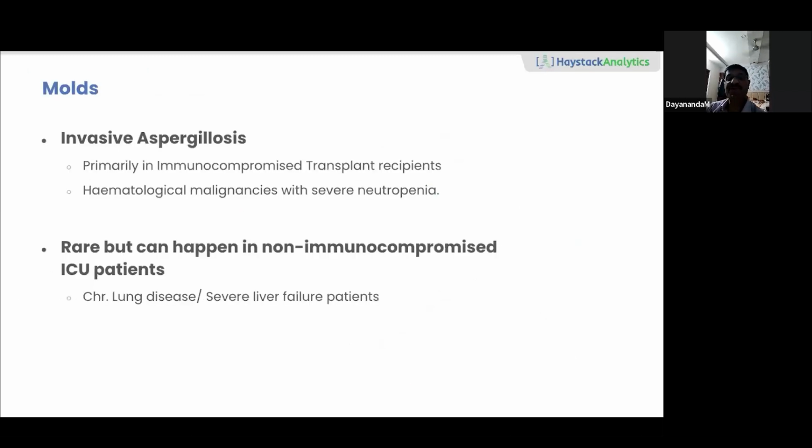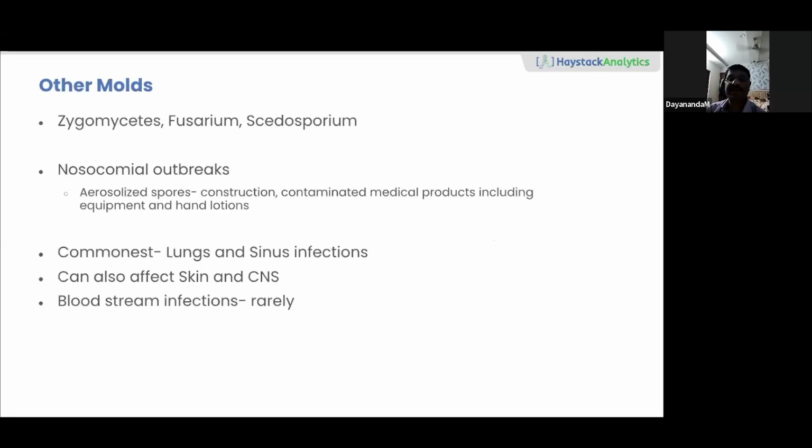Coming to the molds, invasive aspergillosis is one of the significant infections, primarily affecting immunocompromised transplant recipients, hematological malignancies, and severely neutropenic patients. Rarely it can happen in non-immunocompromised ICU patients as well, like patients with chronic lung disease or severe liver failure. Other molds include zygomycetes, Fusarium, and Scedosporium.